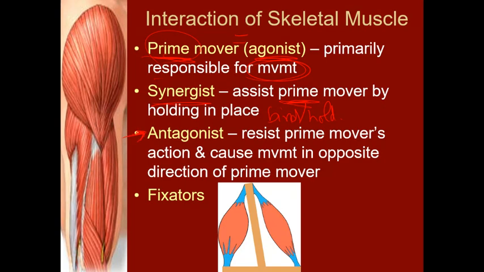So if I'm using my biceps to flex my arm, my triceps are the antagonist in that movement. They're resisting that movement, but that's allowing for a smooth action. So they're resisting and causing an opposite action to occur. Okay. And then fixators are another thing, like a synergist. They're going to hold and bind things into place so that your joints don't slip out of place and your bones don't move into another position.